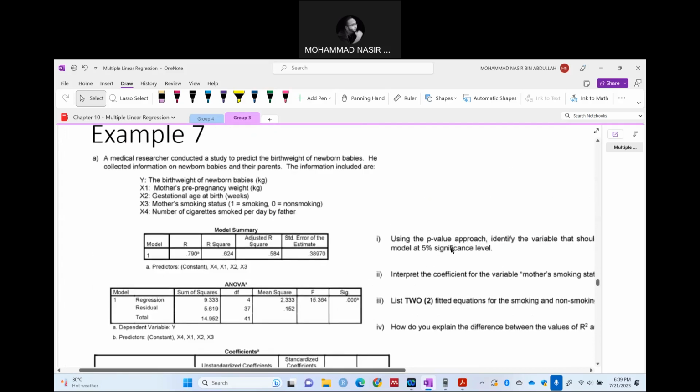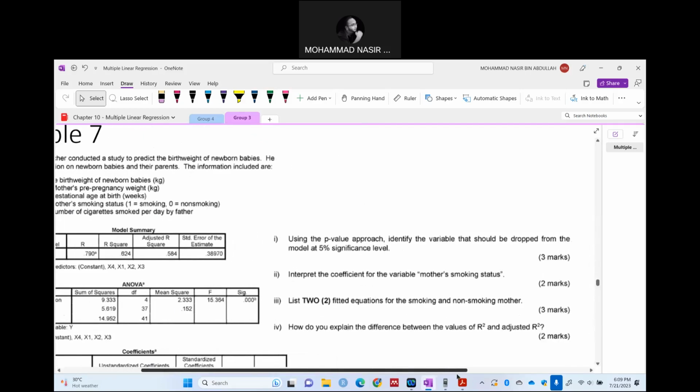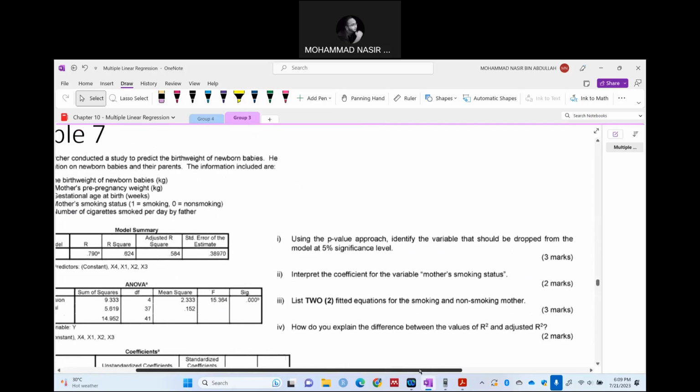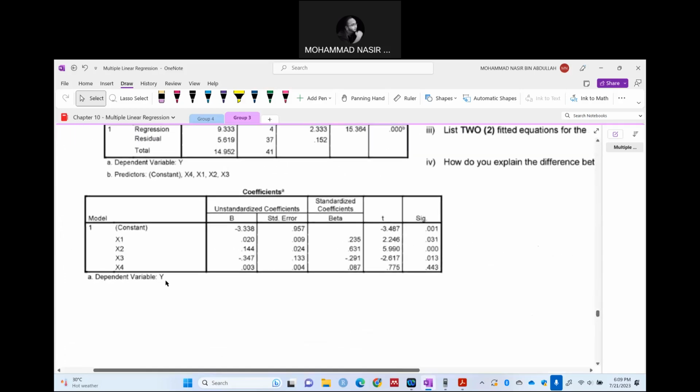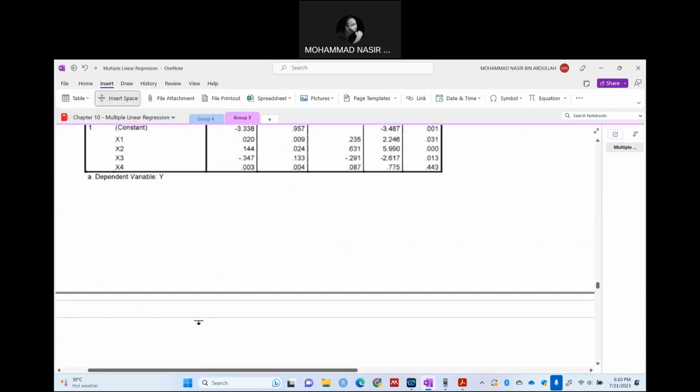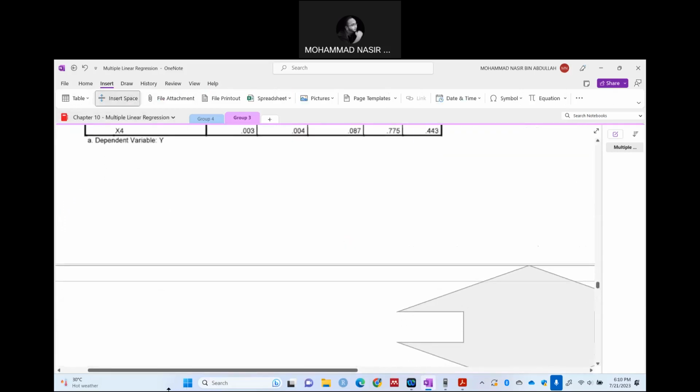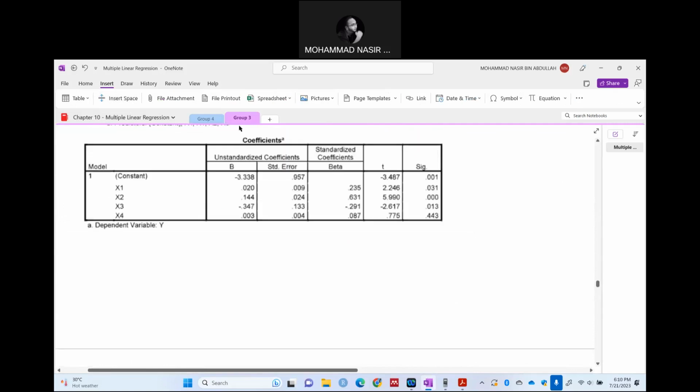So by using the p-value approach, identify which variable should be dropped from the model at 5% significance level. For this one we are going to use the t value from the coefficient table. So we have 4 independent variables. Null hypothesis for number 1, beta 1 equal to 0.